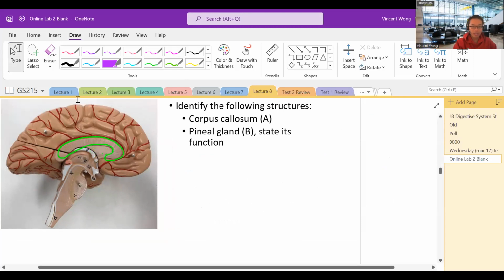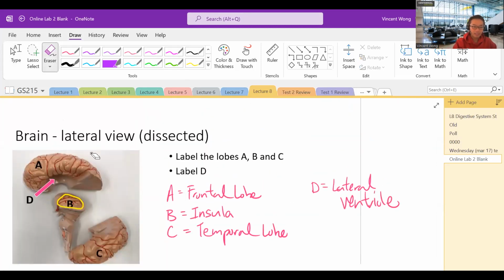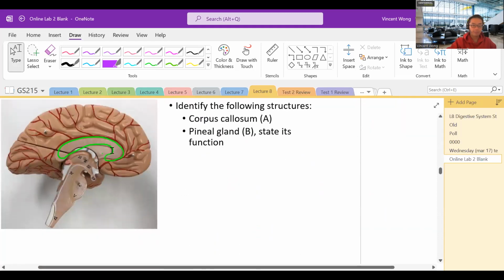Okay, and you will be able to stick your hand in, and then you will be able to feel the lateral ventricle. Okay. But that's what $400 buys you. Not a very accurate model.